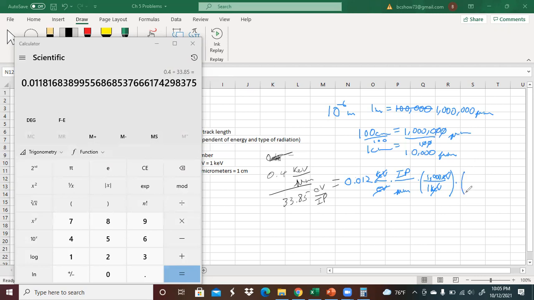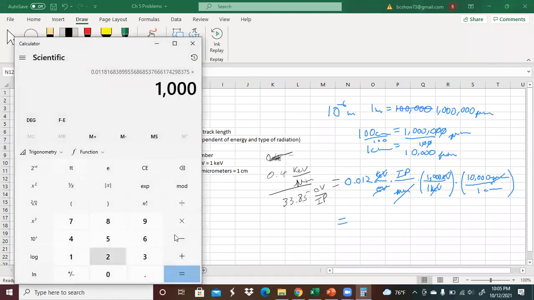So in order for me to get rid of the micrometers there, I should have divided by that, so that unit and that unit cancel. So I need to multiply my result here by, stop the annotation there, not only by 1,000, but again by 10,000.